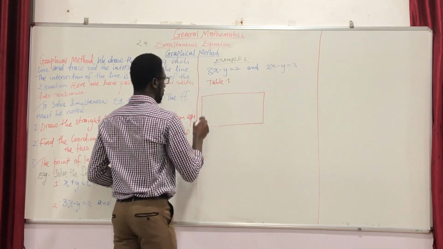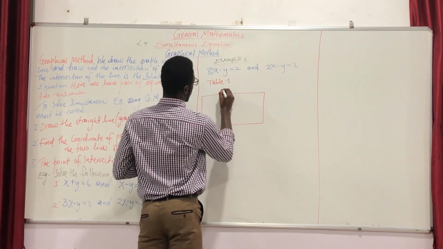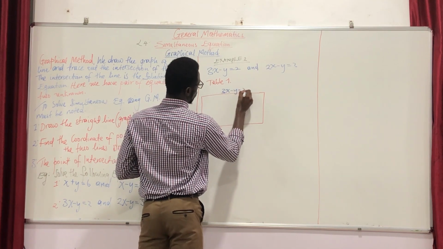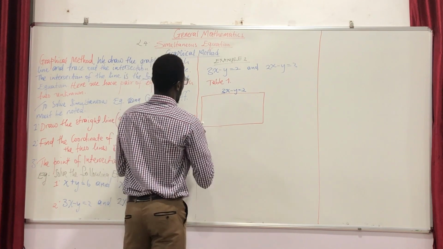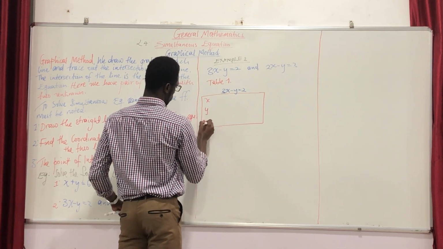This is table 1 for 3x minus y equals 2. Our coordinates are x, y, and x comma y.